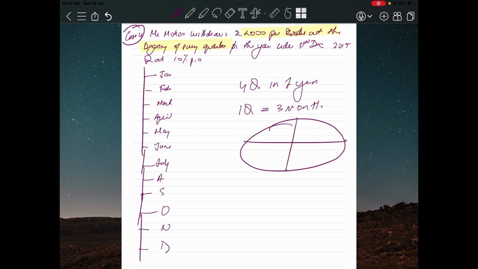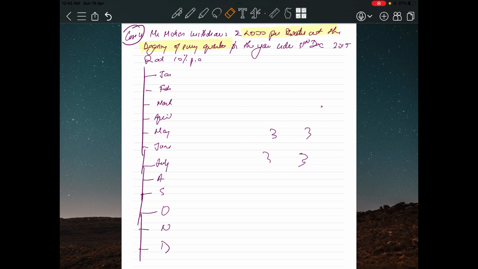You can understand it this way. This is a circle. This is divided into 4 parts, so this will be 3, 3, 3, 3. So the total is 12 months. So this will be the first quarter, second quarter, third quarter, fourth quarter. So now, when is Mr. Mohan withdrawing? He is withdrawing 2000 per quarter at the beginning of every quarter.